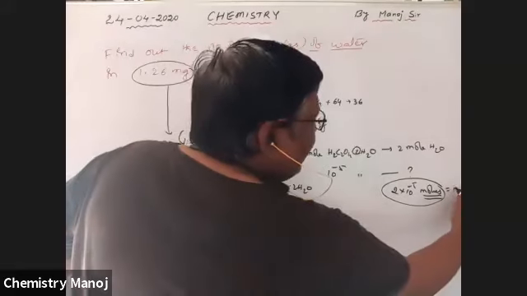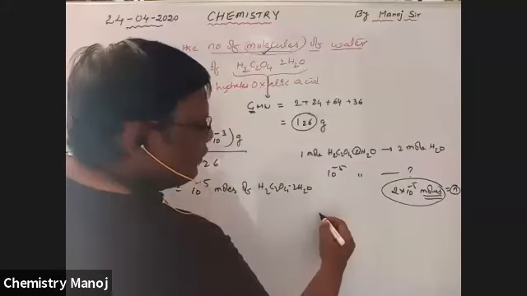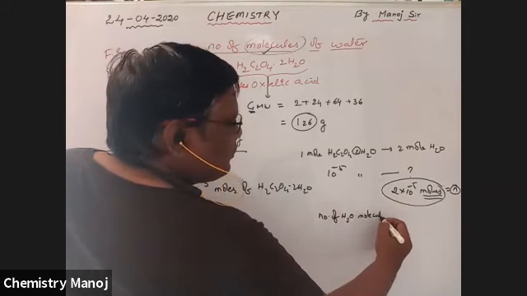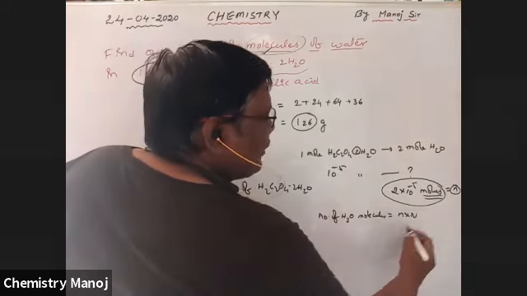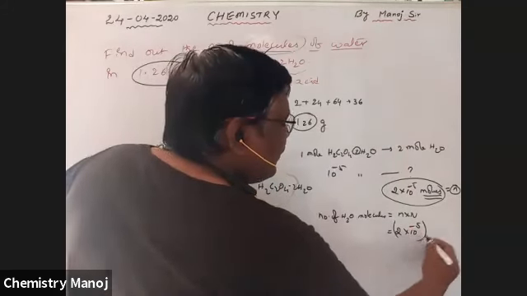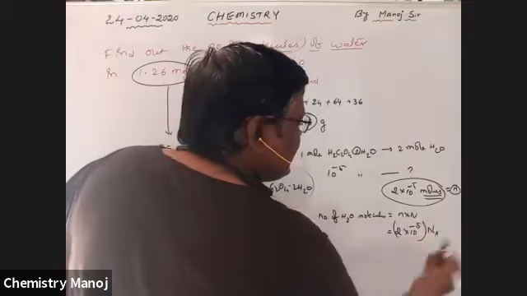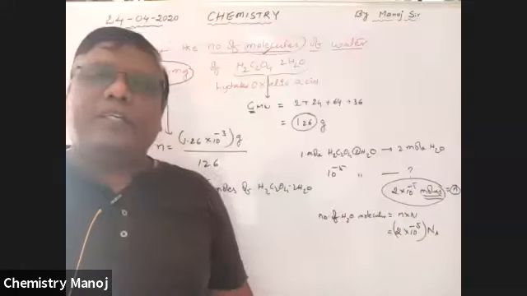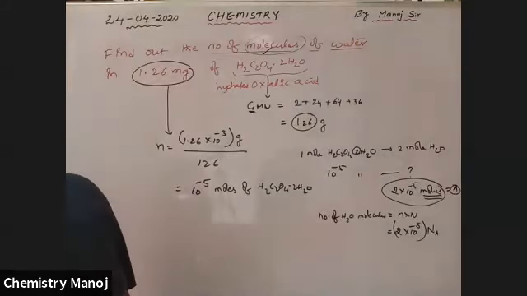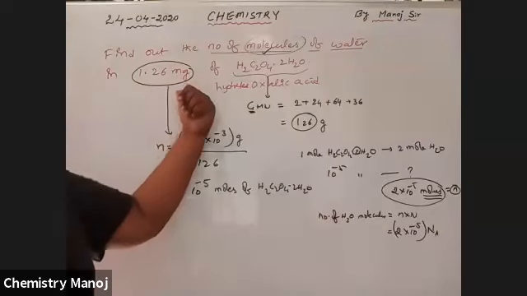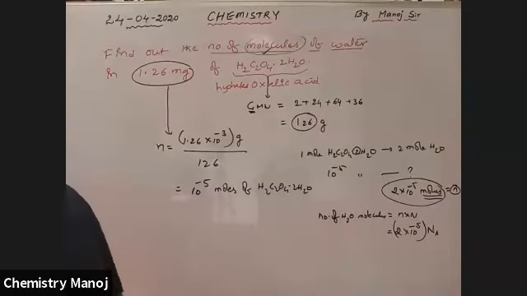Now we have the n value. Therefore, the number of water molecules is equal to small n into capital N, that is 2 into 10 power minus 5 into Na. That is the number of water molecules present in this quantity of sample.